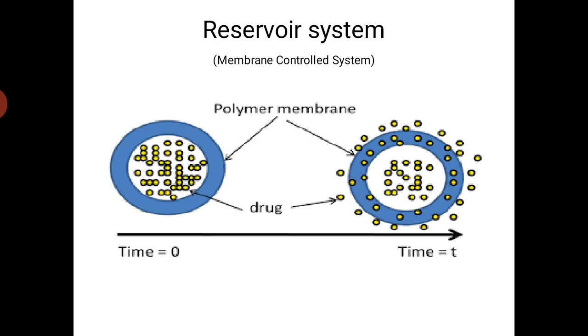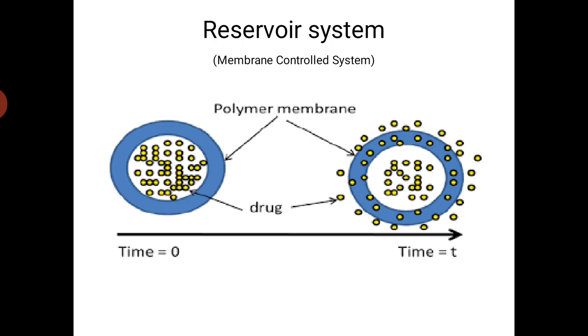So this acts as a reservoir system, where a boundary maintains something inside. A dam keeps the water inside without flowing, and it permits only a limited flow of water from it. That means it acts as a reservoir system.